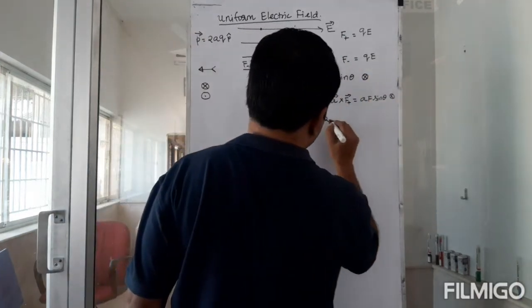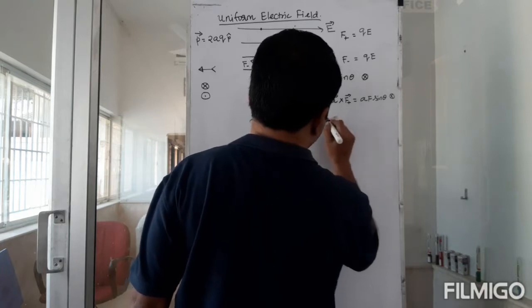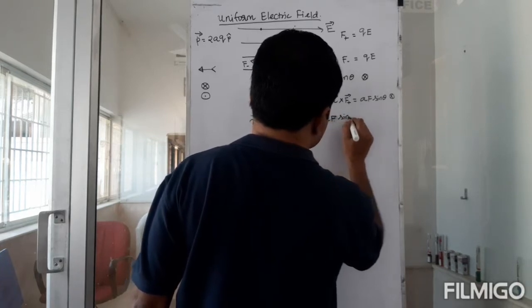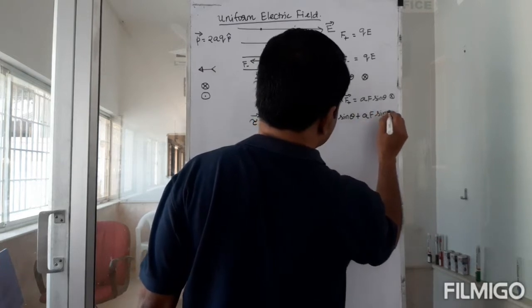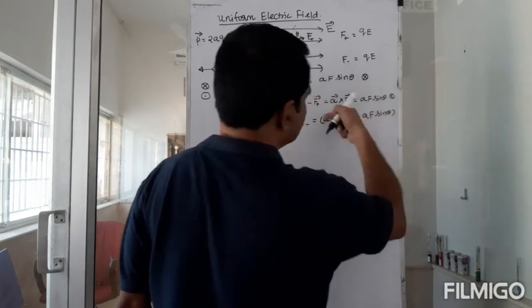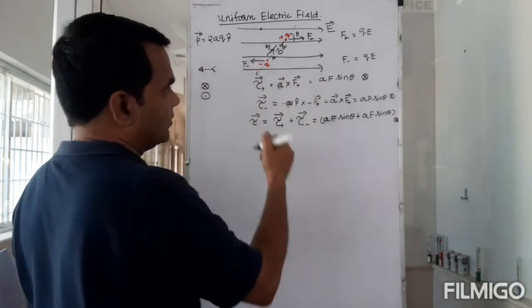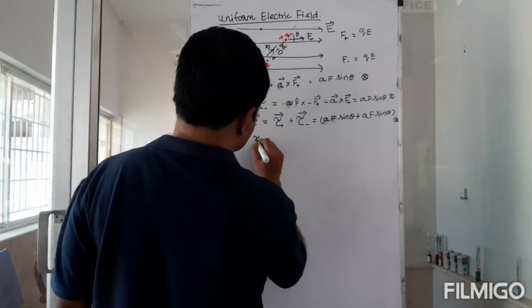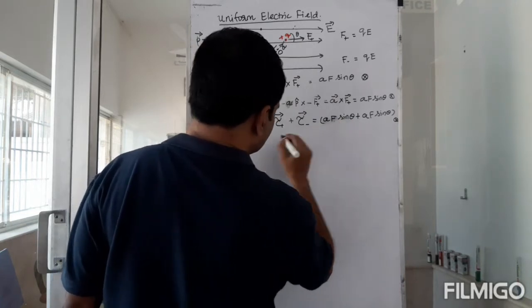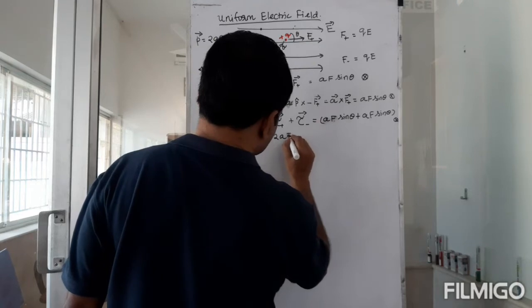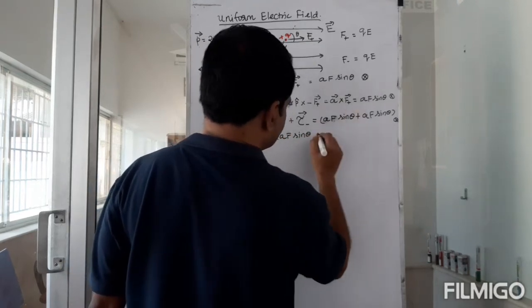So I'm going to have AF sine theta plus AF sine theta, both in the same direction. It just adds up. So the torque is equal to 2AF sine theta in that direction.